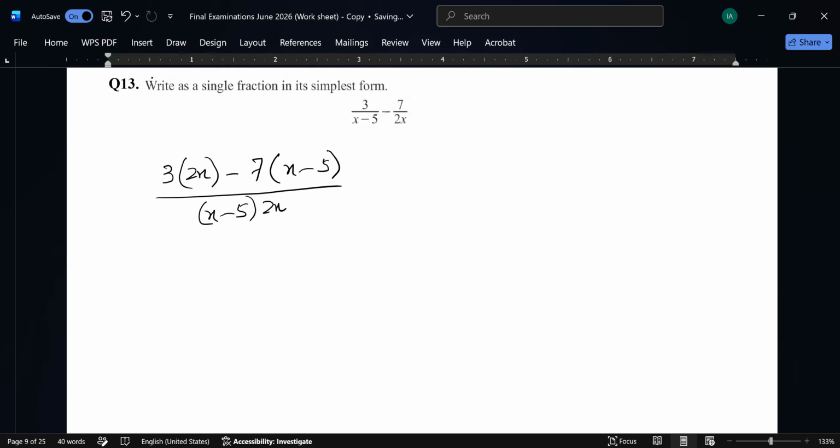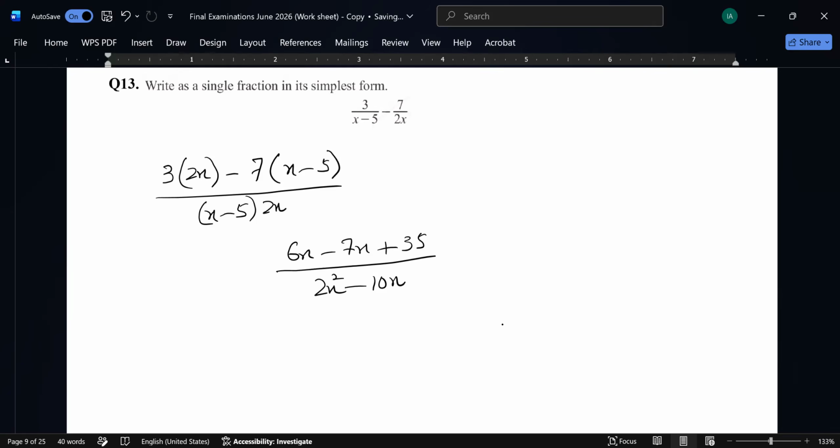Okay, let's expand the brackets. 2x squared, minus 10x.